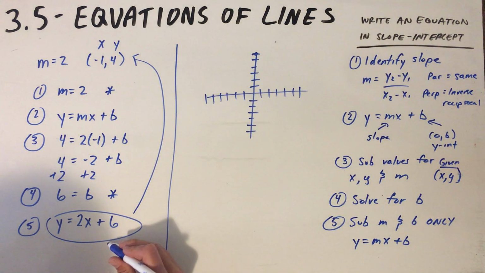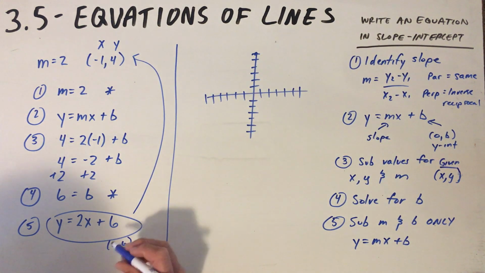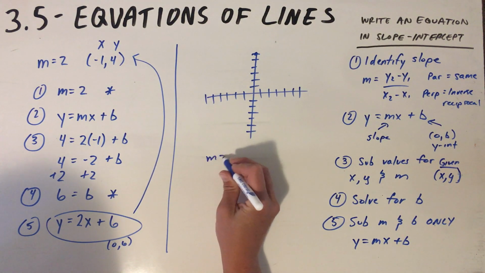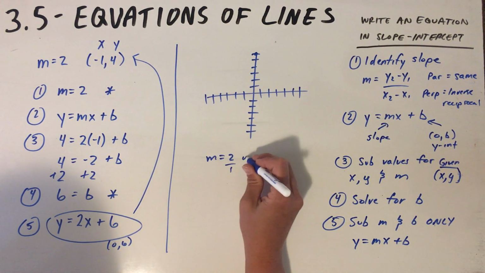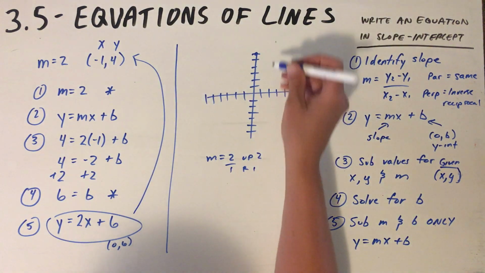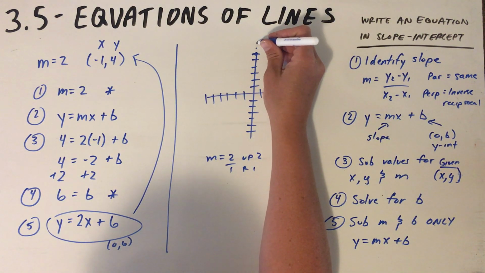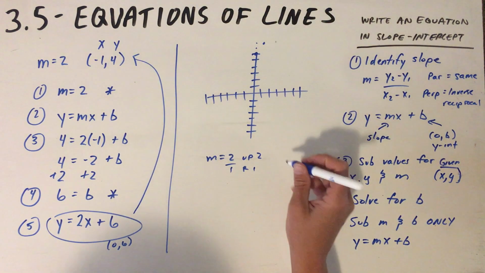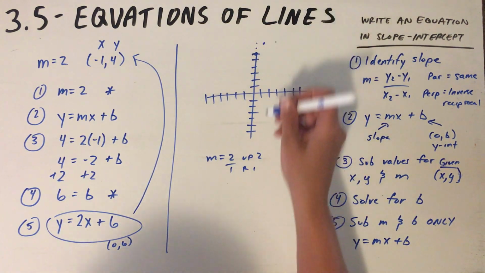So this is the point (0, 6), right? And my slope is 2, which means I'm going to go up 2 and right 1. If I go up 2 and right 1, I'm just going to keep going off this graph. So I'm going to go the opposite.